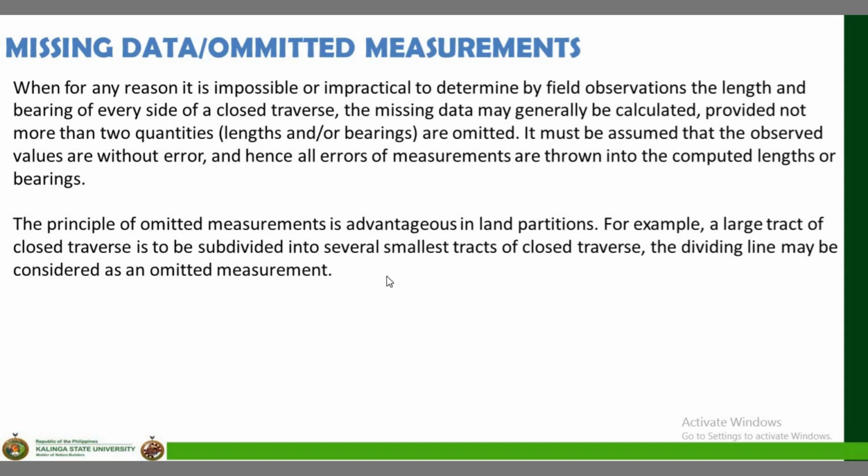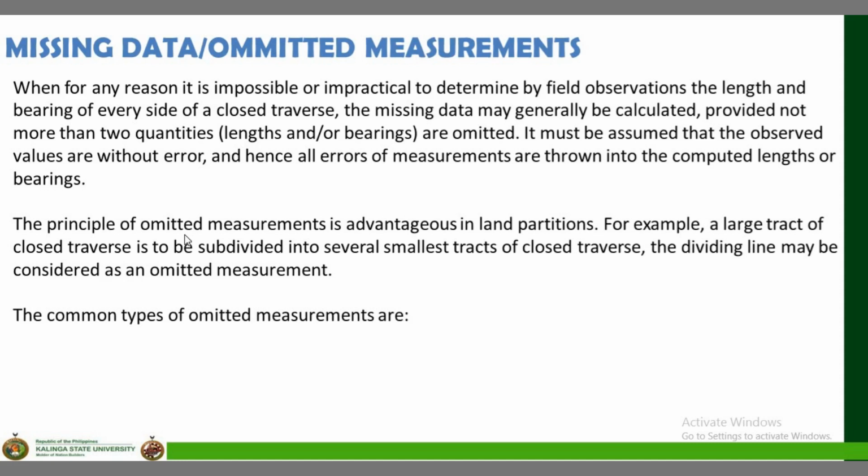So, to help us to calculate yung data ng line na yon, we can use omitted measurements. Ang isa pang application ng omitted measurements is especially if you're going to subdivide a certain lot. Kapag nag-subdivide ka, yung line na ginamit mo as a subdividing line, that is considered to be an omitted measurement. So, we can calculate the bearing and the length of that line using itong topic na to.